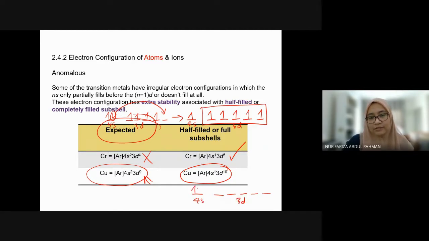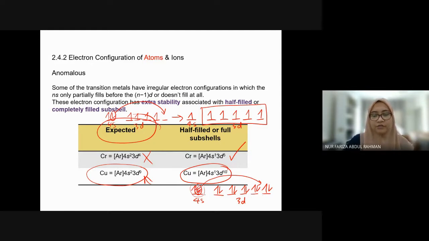Initially it looks like this. If expected, this is how it looks: 4s2, 3d9. This is unstable. So to stabilize the d orbital, one of the electrons needs to be promoted. And then it becomes like that.